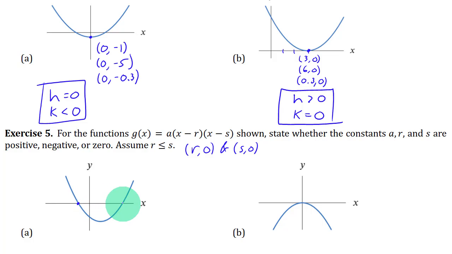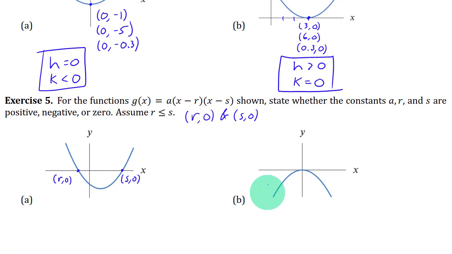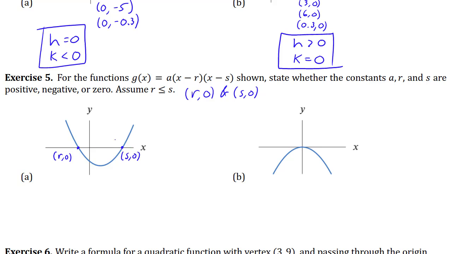So this might be the point r, 0 here. This would be the point s, 0. I didn't do it the other way around because it says r is less than or equal to s, so it must be over this way. Must be the r. So in this case, r is negative, and s is positive.